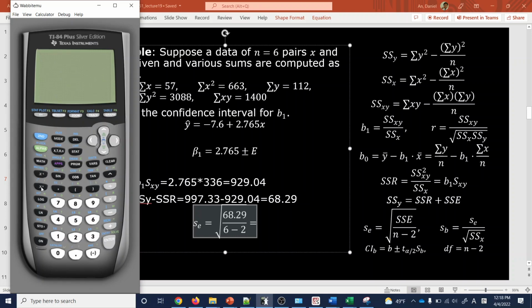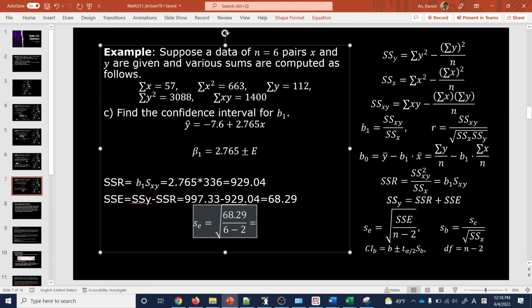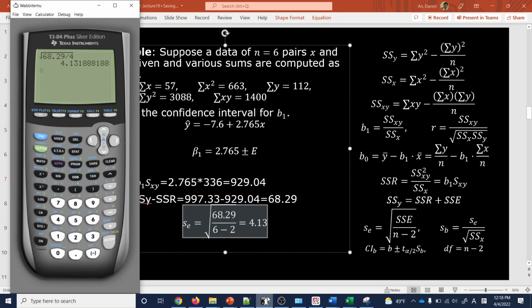Okay, second square root, 68.29 and then divided by 4. Okay, so you get 4.13. Is it 4.13? Okay.